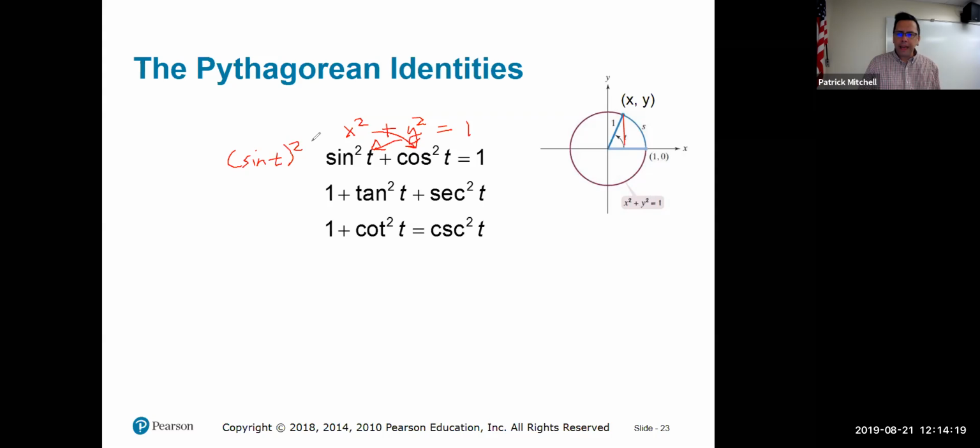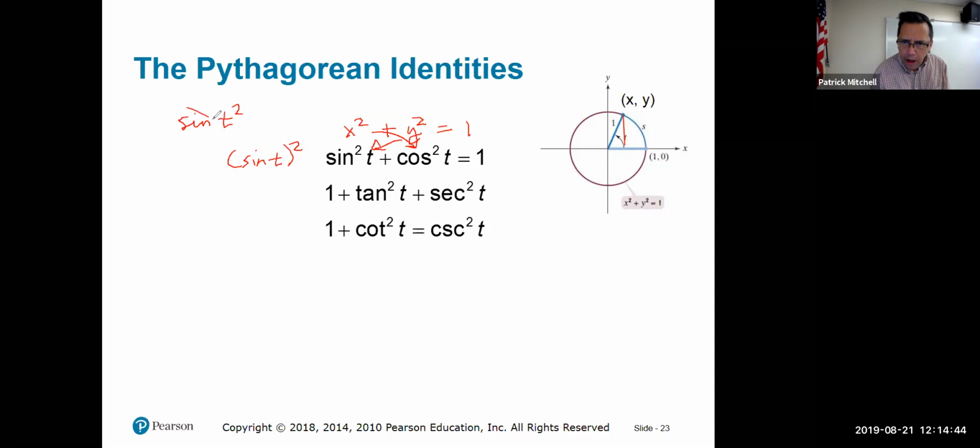Somebody came up with this notation probably to avoid having to use parentheses. It does not mean the same thing as the sine of t squared, which means take the square of t and then take the sine of the answer.